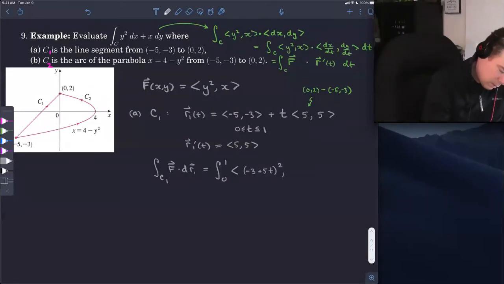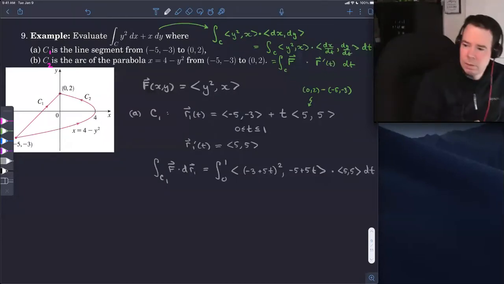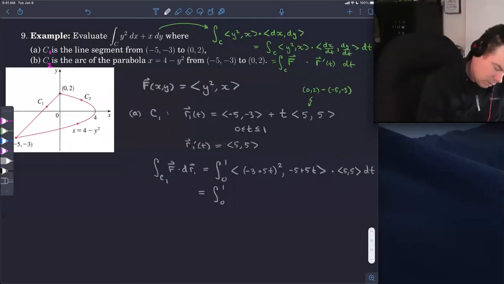And then x is -5 plus 5t. And then I'm dotting that with 5, 5. In other words, r1 prime of t, and that's times dt. So that's the dot product I need to take. So that becomes basically a 5 times the first, a 5 times the second added up.